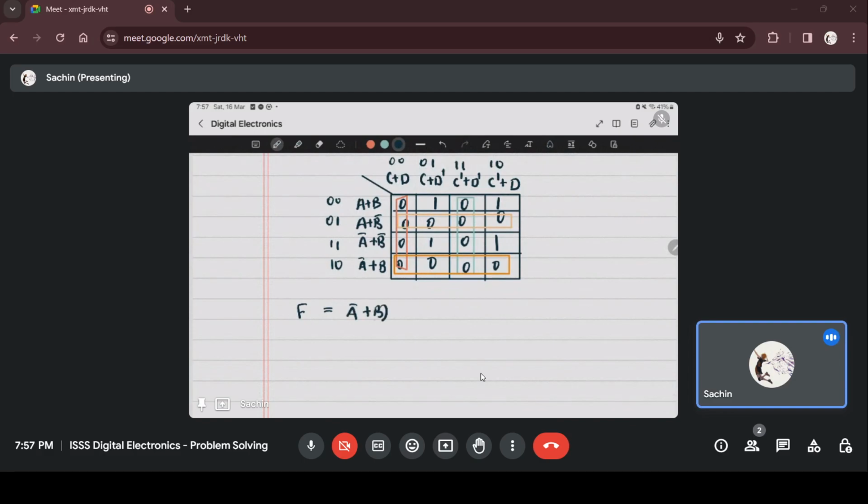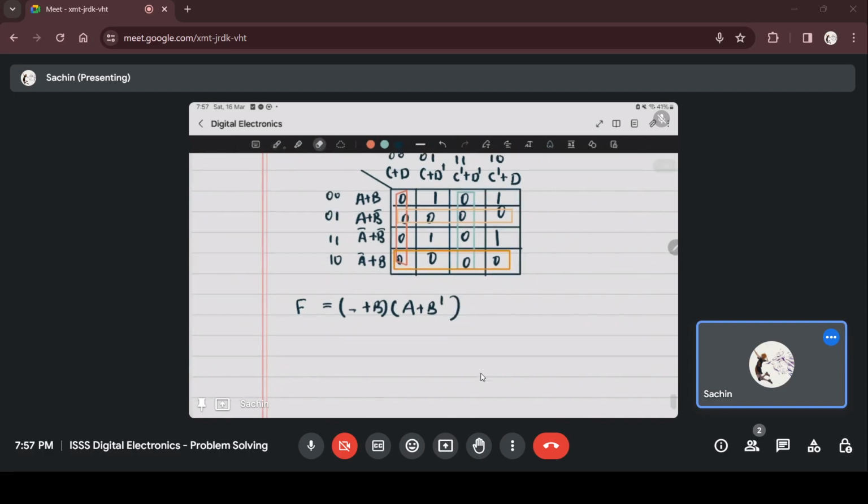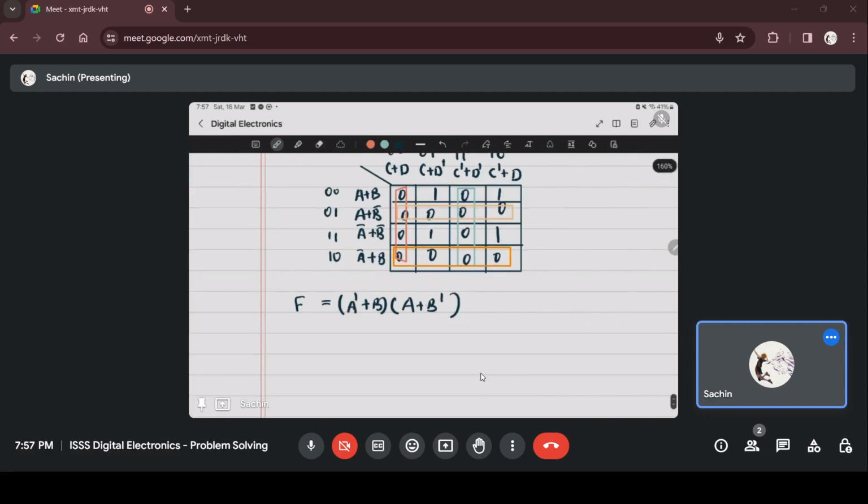f is equal to A prime plus B into A plus B prime into C plus D into C prime plus D prime.